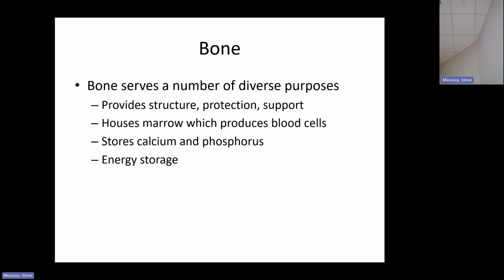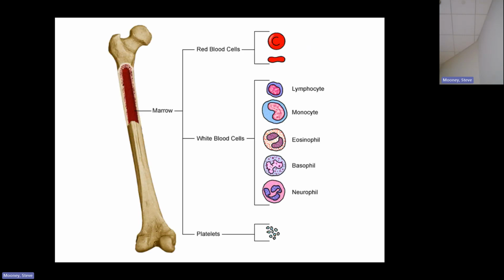And as we mentioned before, we have that yellow fat in the bone marrow that will serve as an energy reserve, particularly as we manufacture those red blood cells. So pulling out a little bit, you've got the long bone here, the marrow inside. We'll have a variety of cells: red blood cells, erythrocytes, the white blood cells, the leukocytes, and the platelets are all manufactured inside that bone.